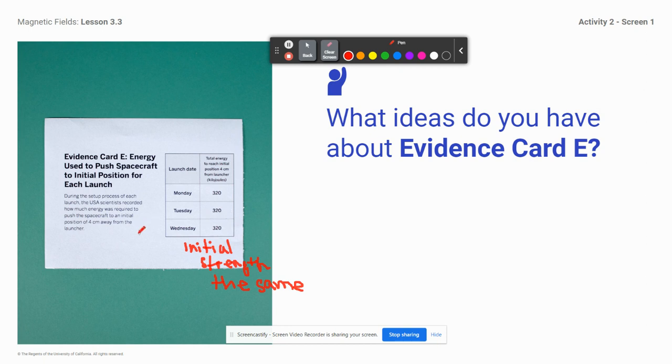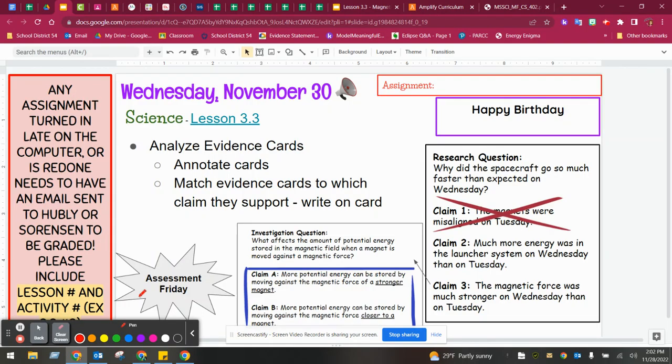After summarizing, what I also want to start thinking about is whether or not it is supporting or refuting any of our claims. Again, looking at our 3 claims, we have claim number 2, much more energy was in the launcher system on Wednesday than on Tuesday.